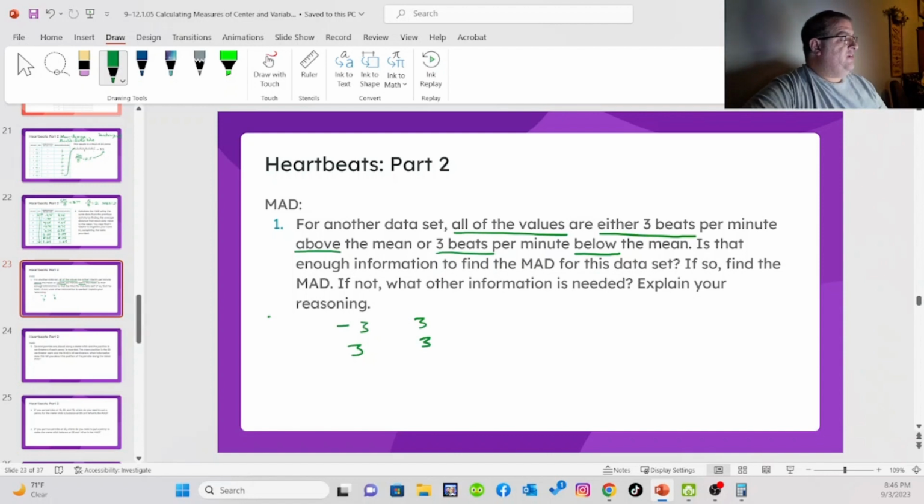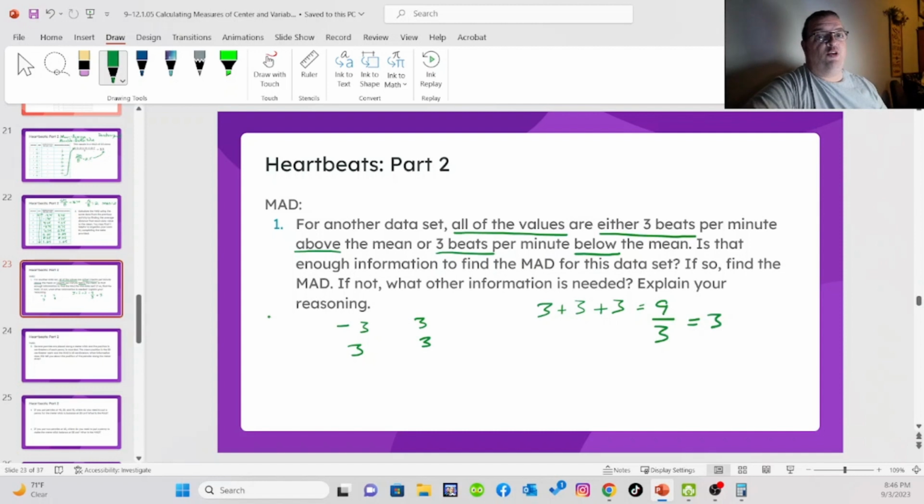So now, no matter how many of these I add together, I'm going to add 3 plus 3 plus 3 for every single point in the data set. And then I'm going to divide by the same exact number of 3's that I put here. So if I take 3 plus 3 plus 3, and I get 9, and then I divide that by the 3 points here, I'm going to come out with 3.